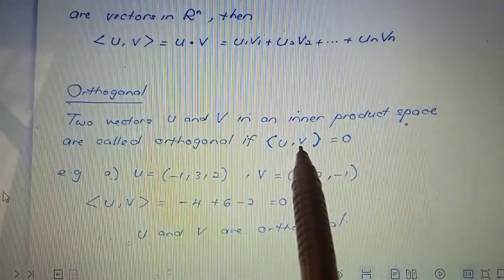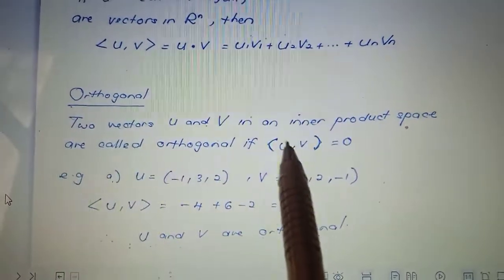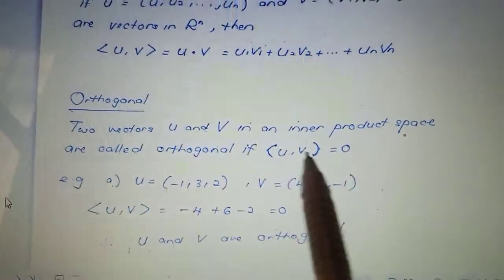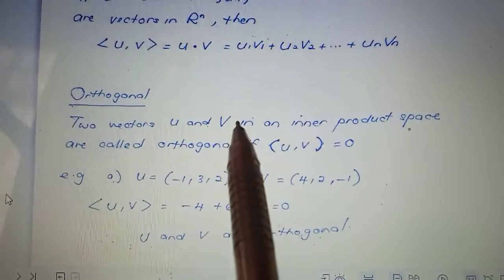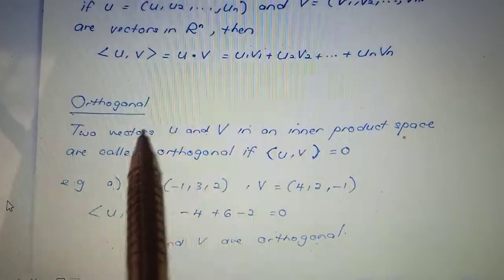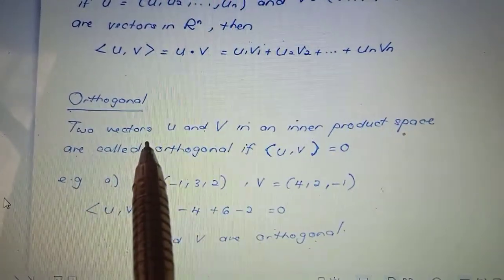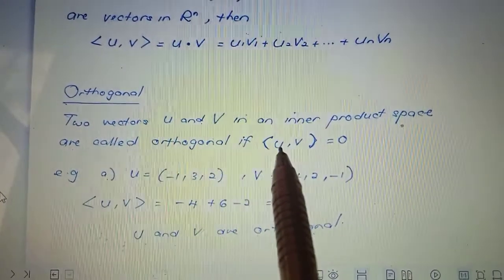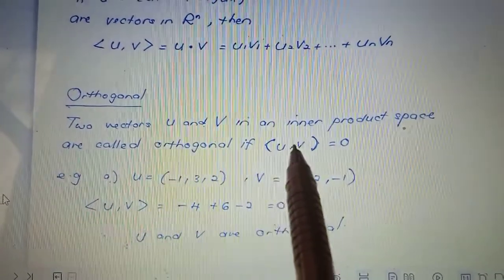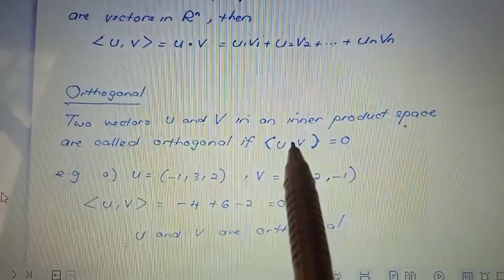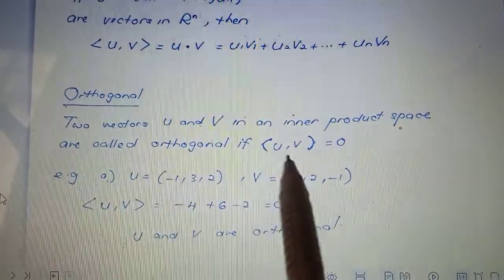So if we do the operation on the inner product between vectors u and v and the result is 0, we call the two vectors u and v orthogonal. This is the definition of orthogonal, same as when we use the operation on dot product. If u dot v is 0, we say that the two vectors are orthogonal to each other.